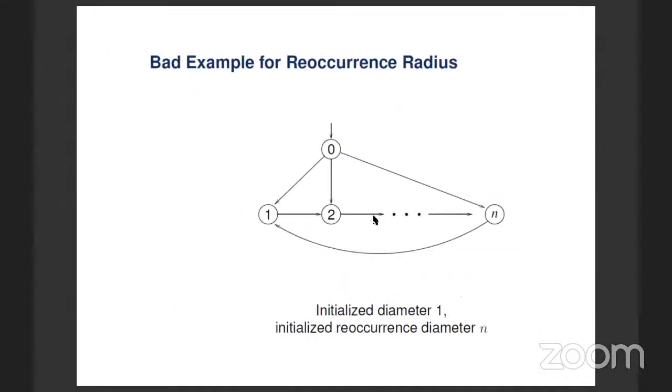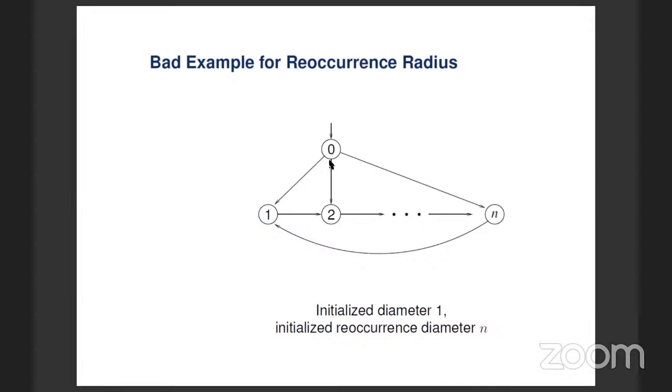So here is an example to show the reoccurrence diameter. This is an instance where the initialized diameter is much shorter than the reoccurrence diameter.